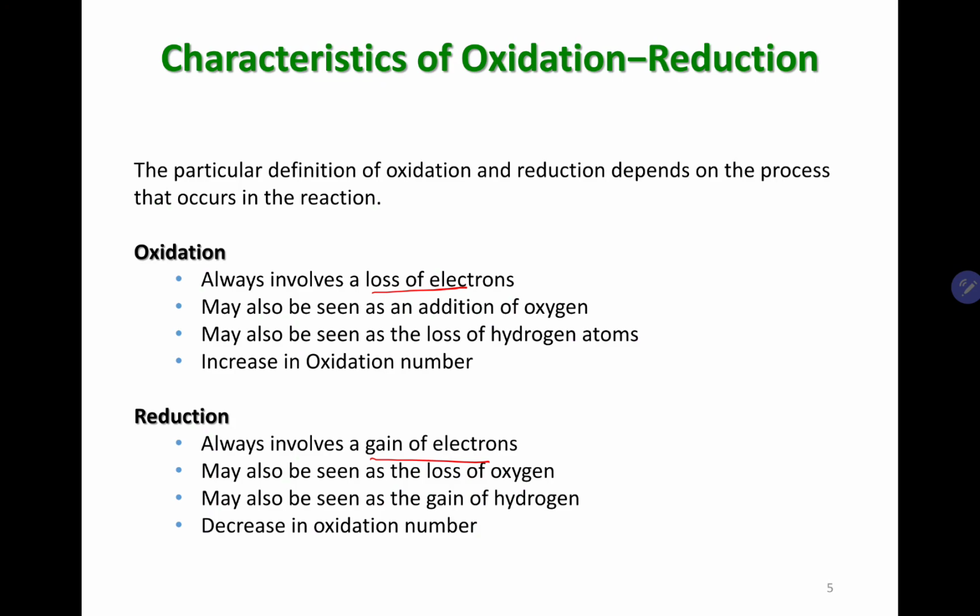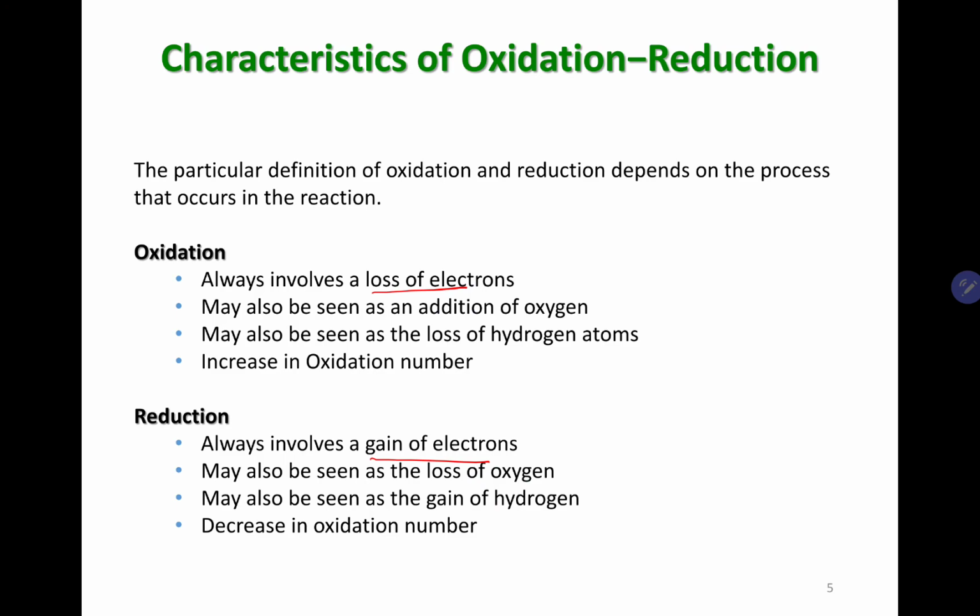So basically, we don't see electrons in a chemical reaction as electrons. So it is very difficult to use just the gain or loss of electrons to identify oxidation or reduction. So therefore, we might want to have other ways to identify oxidation and reduction in an oxidation reduction reaction.